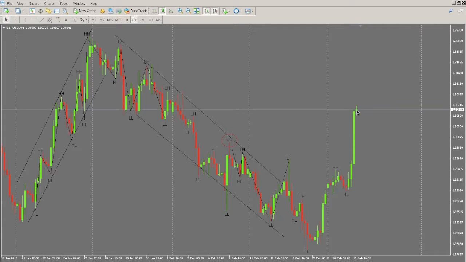Now, currently, we're getting another higher high, okay? Now, I'm gonna wait for the retracement at this point to see what the market wants to do. But right now, I don't want to get into the buying mentality because, I mean, this is a strong candle going up.